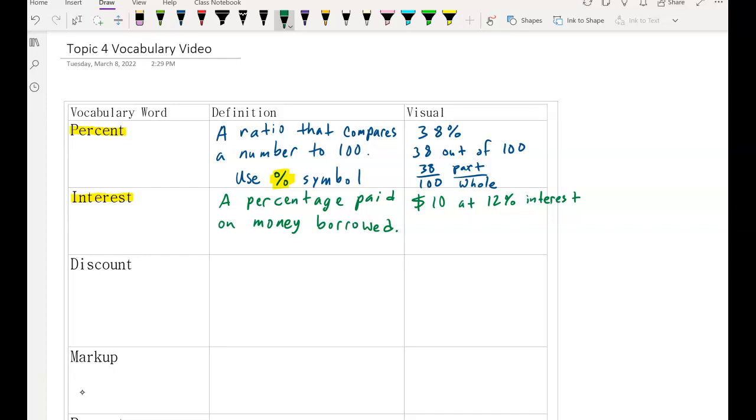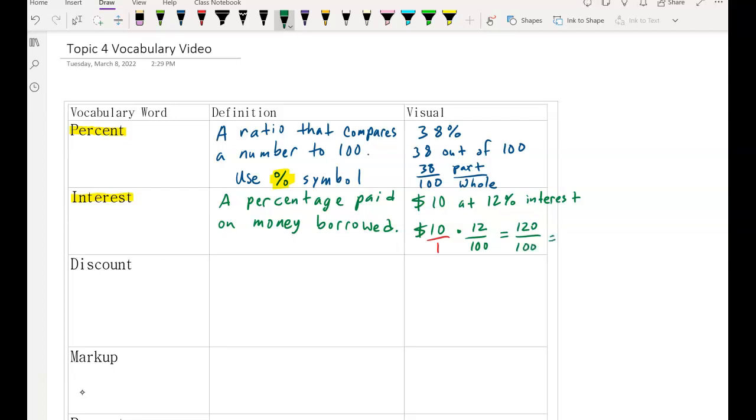Well, you would start with your $10, and you're going to multiply that by 12%. And 12%, that would be 12 out of 100. And how much will that be? Well, remember, you have to put that 1 under there so we can multiply the fractions. 10 times 12 is 120. 1 times 100 is 100.